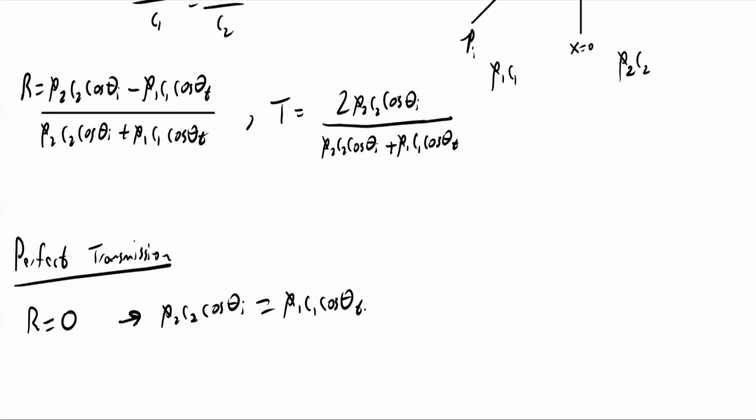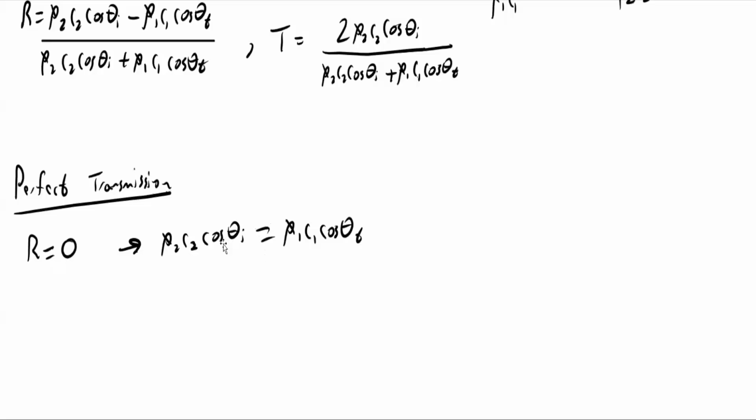Now, we've named something called the angle of intromission, which is the angle at which all the sound is actually transmitted into that second medium. So in other words, we will define theta I, where R is 0, to be the angle of intromission.